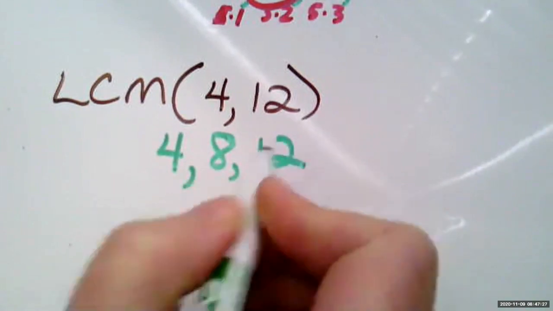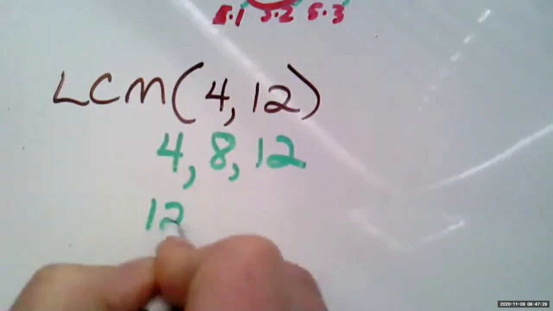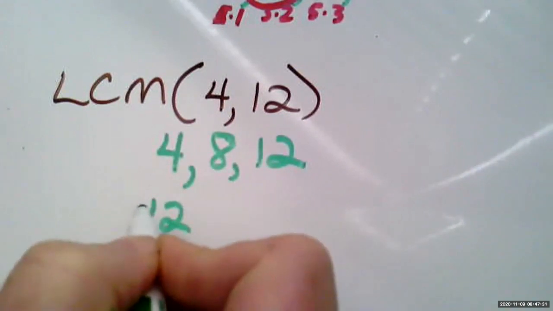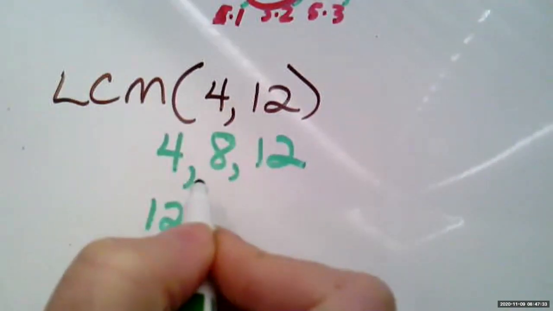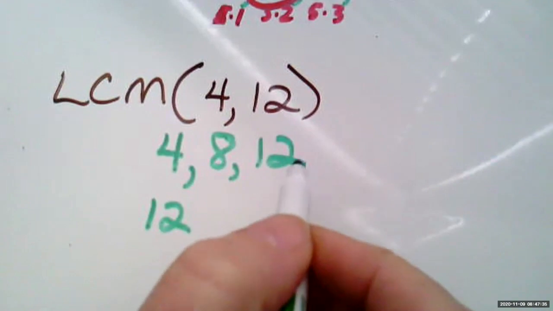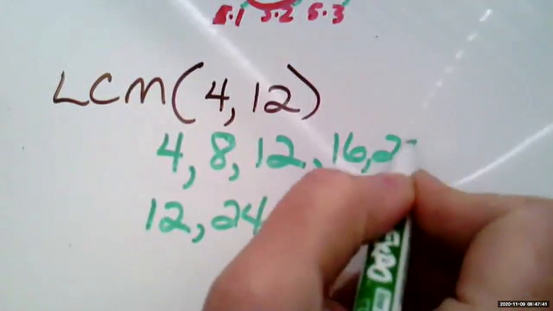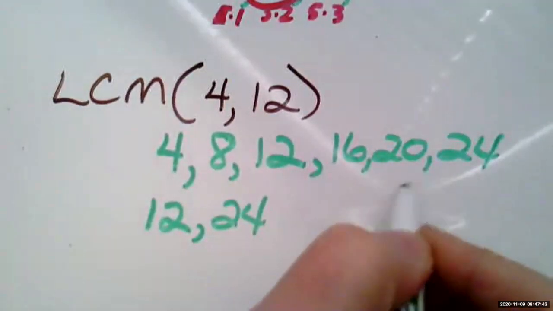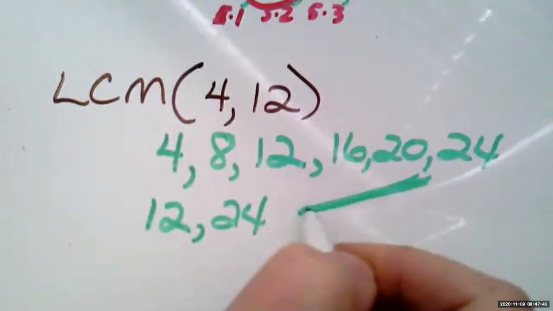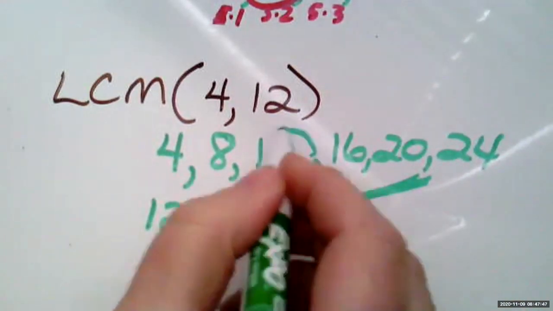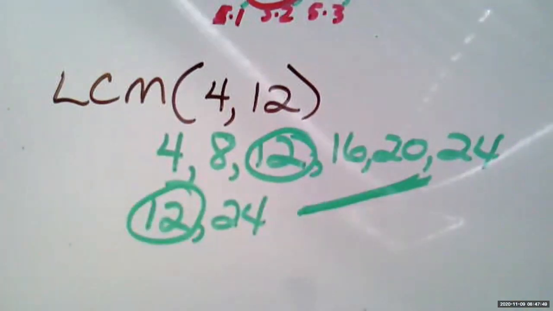Oh, hang on a second here. Multiples of 12 start with 12 because 12 times 1 is a multiple of 12. So some of you guys said 24, which is a multiple of each. They are common multiples, but they're not the least common multiple, the very smallest.